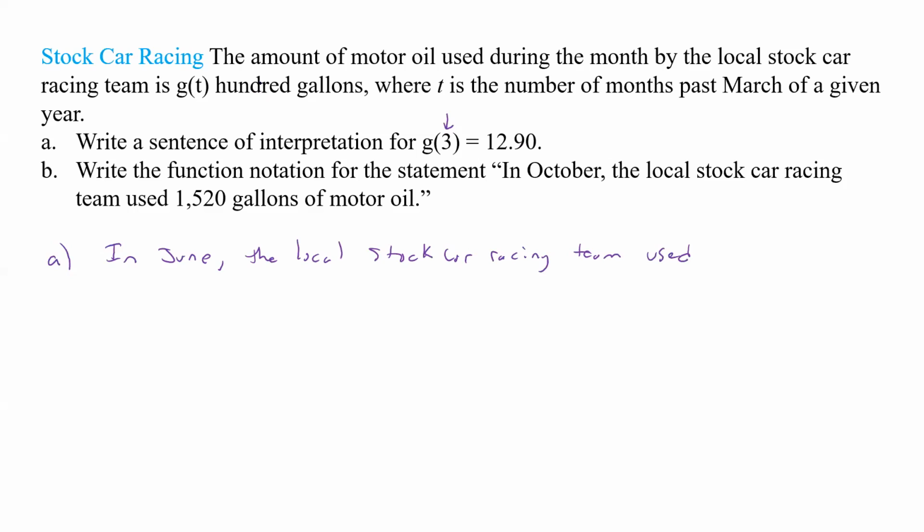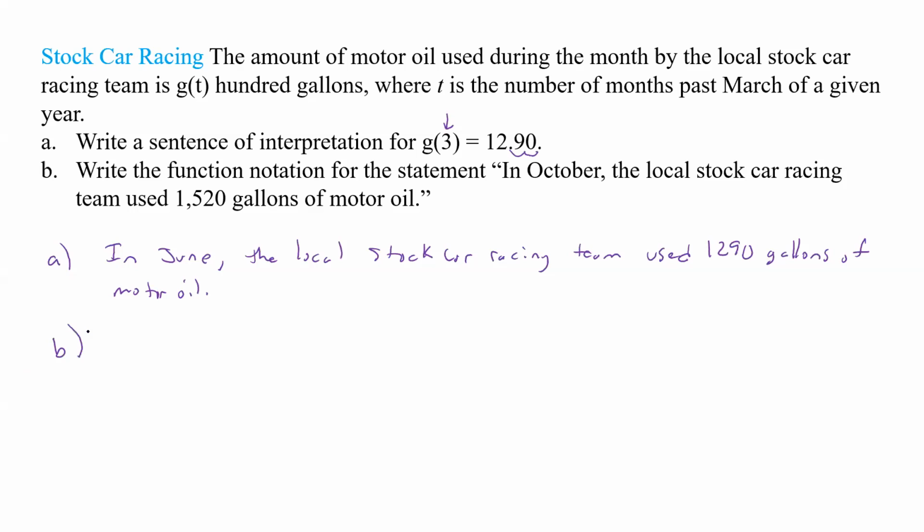So if we take 100 times that, that moves a decimal 2 places, and so they used 1,290 gallons of motor oil. Okay, so that is going to be how we would do part A.